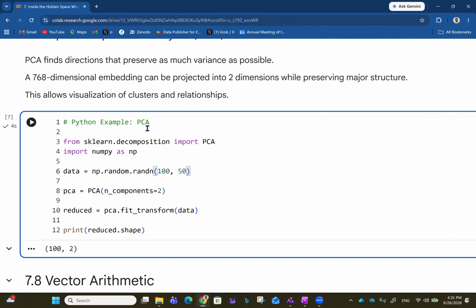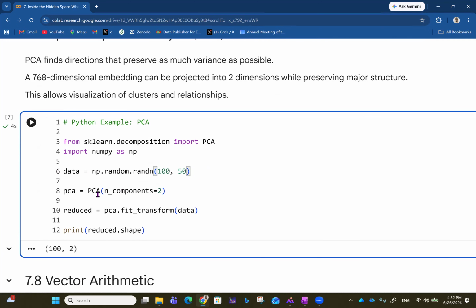To work with PCA, from scikit-learn dot decomposition, you need to import PCA, that's principal component analysis, and then import numpy as np because you also need that for random generation. Imagine we have random data generated, 100 by 50 dimensions, that is 100 rows and 50 columns. 100 rows means 100 data points, and 50 columns means 50 variables. Of course, that's still manageable, but it's still a lot for humans, right?